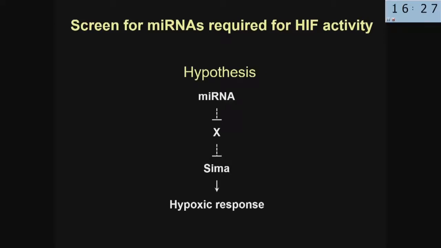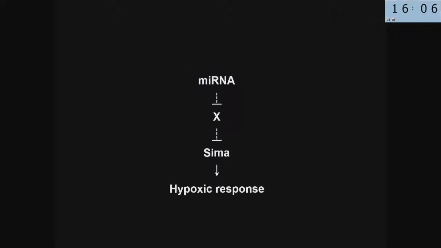Since microRNAs are known to be inhibitory of the target genes, we postulated that this was indirect, and there was an X protein blocked by this microRNA that in turn inhibited Sima, provoking the increase of the hypoxic response. So the question was, what was the identity of these one or more microRNAs?